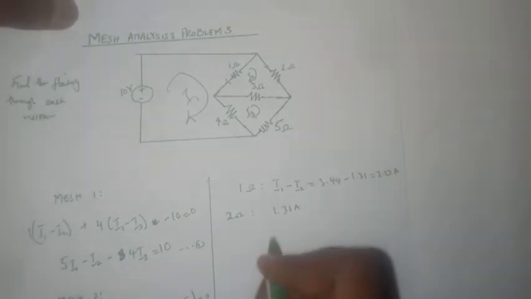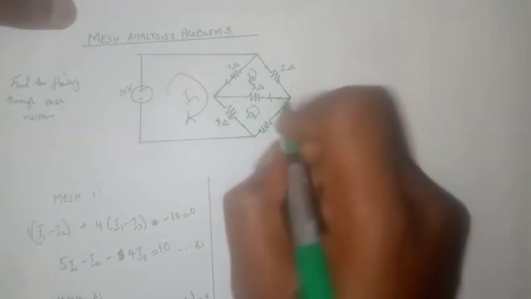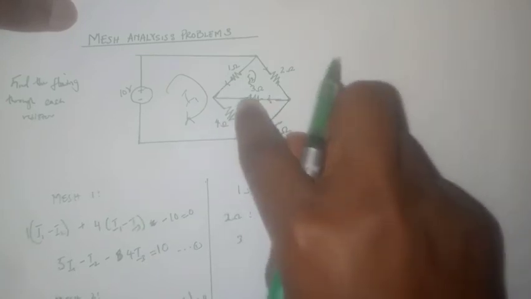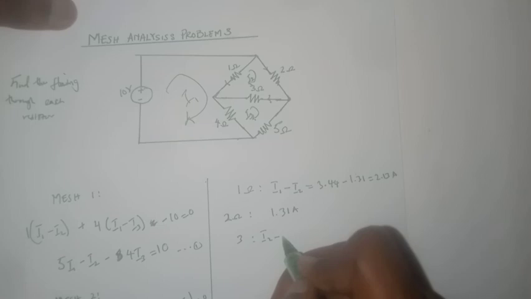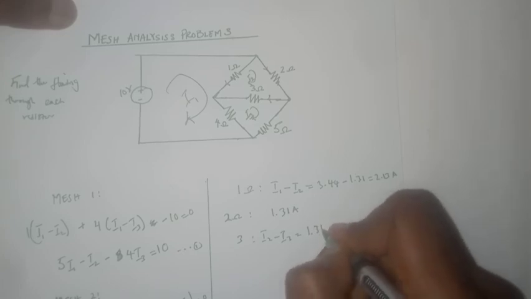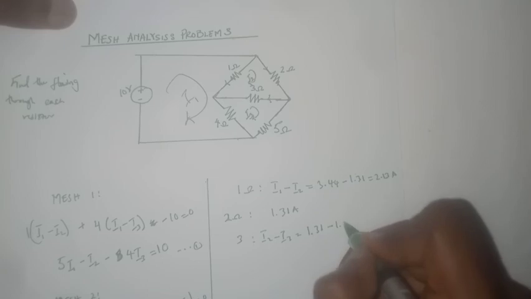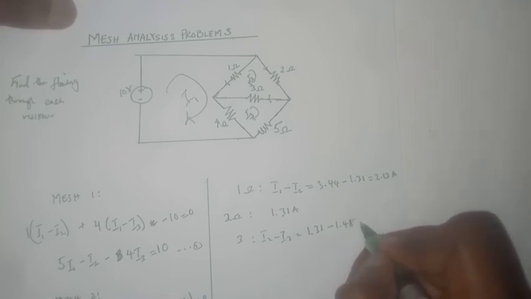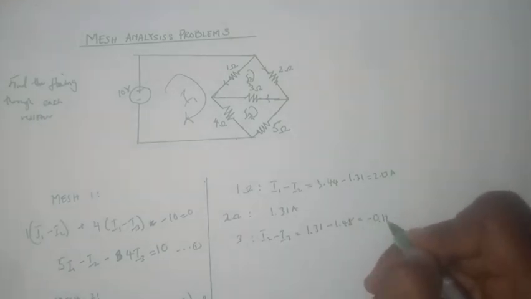The current flowing through the 3 ohm resistor, say in this direction, would be I2 minus I3, which would be 1.31 minus 1.48 amperes, and that would be equal to minus 0.17 amperes.